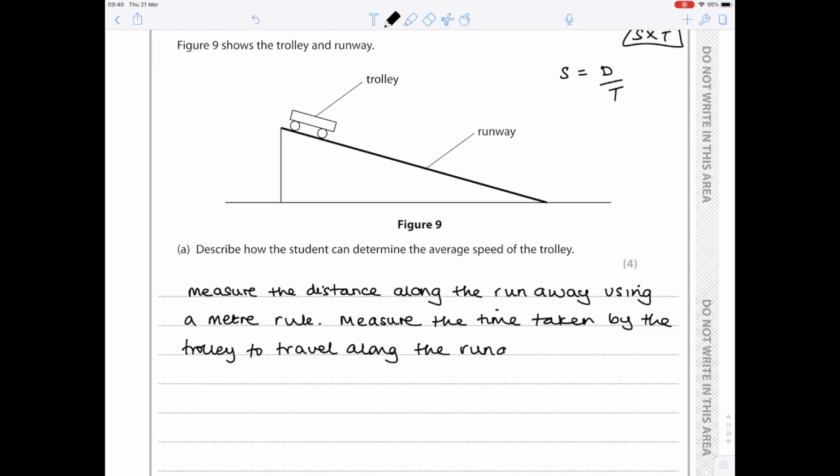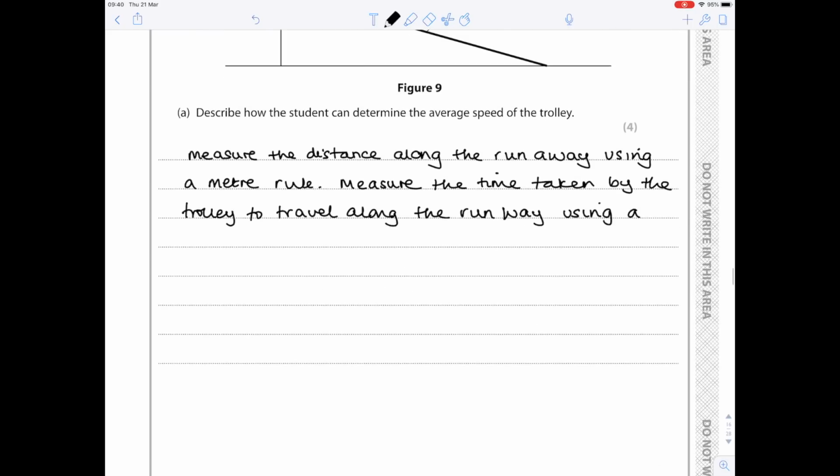And we're going to use a stop clock to do that. Let's just quickly write: use speed equals distance over time to calculate the speed. And what you should always write in these questions is repeat and calculate an average. I can't tell you that enough, that's always a mark.